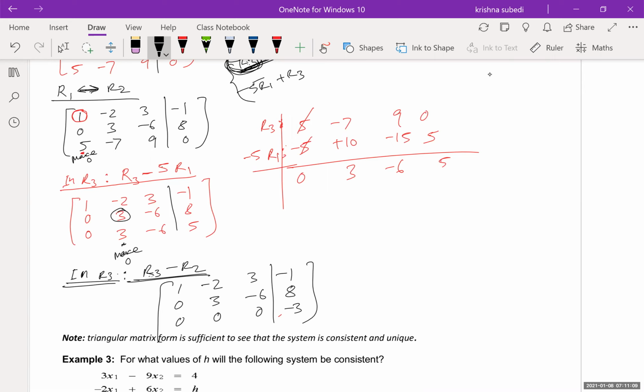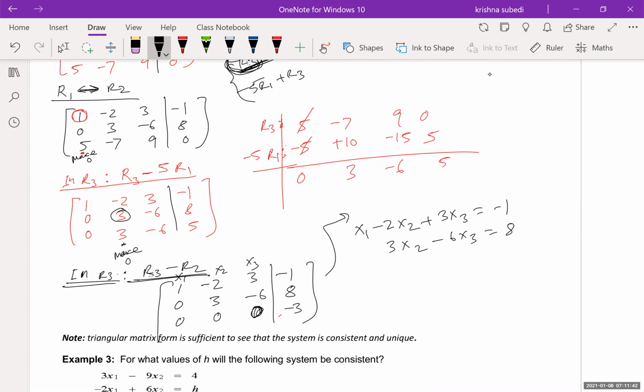Okay, now let us write down this, change it into a system of equations. Remember, this is your x1, x2, x3. Okay, they are the variables. So if I write this in the system again, I'm gonna get x1 minus 2x2 plus 3x3 equals -1. The second one will be 3x2 minus 6x3 equals 8.